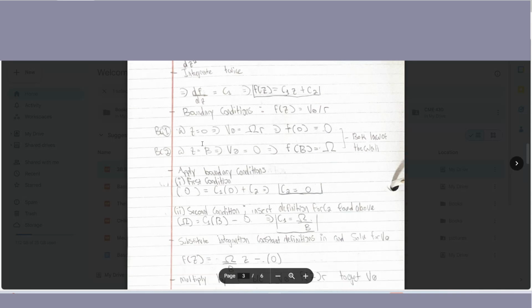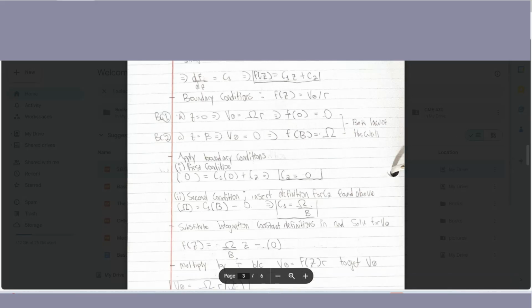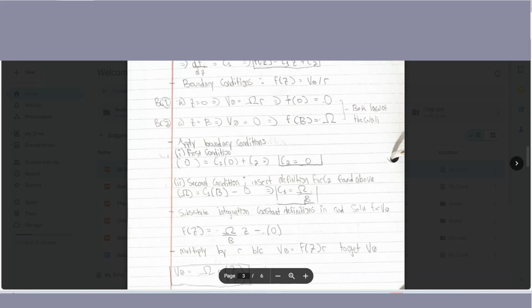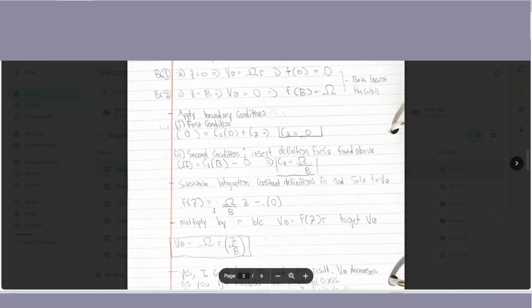Then the second boundary condition: plug that in, sigma equals c1 b minus 0, because we solved c2 equals 0. And then we solve for c1, which is sigma over b.